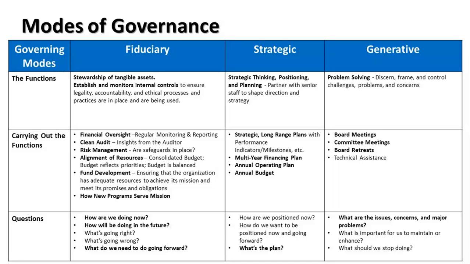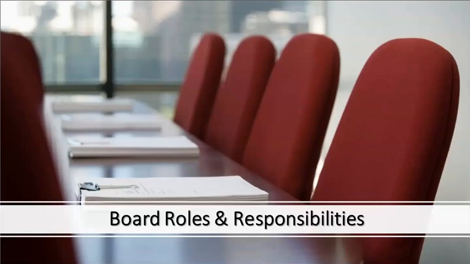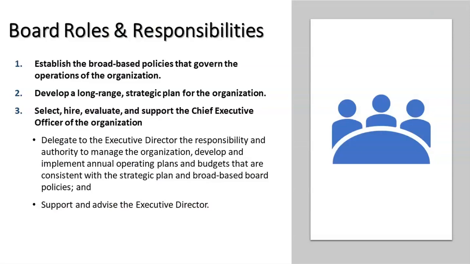And now I'd like to spend a little time talking about what we actually do as a board. How do we carry out these governance modes? And what are our roles and responsibilities? One of our first responsibilities is to establish those policies that govern the operations of the organization and to develop, as I said, the strategic, long-range plan for the organization, and to have input in the annual plan.